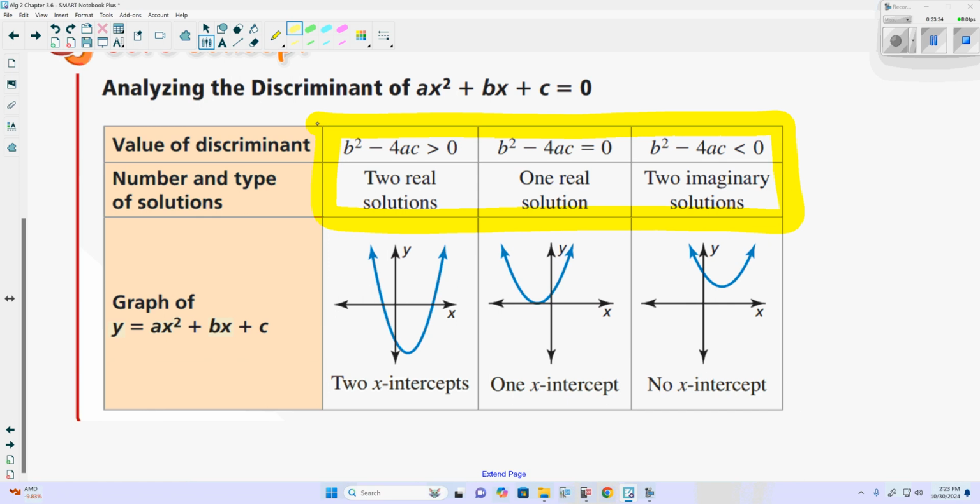And we also have that b squared minus 4ac is less than 0, so we have 2 complex solutions, or we could say imaginary solutions.